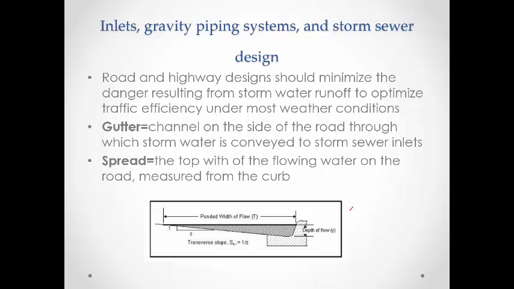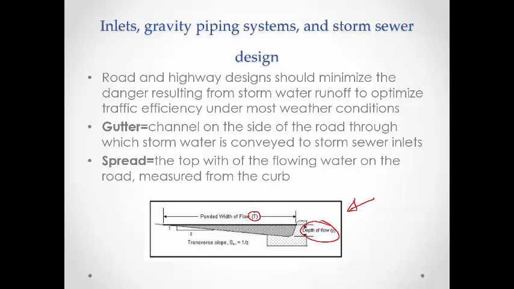You can see here the depth of the flow that you should have, and then it should be ponded to a width T, okay, which is not necessarily all the way to the middle of the road. So these are some concepts that are important to remember.